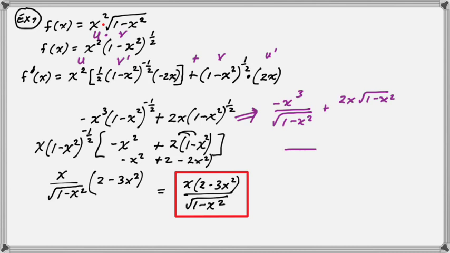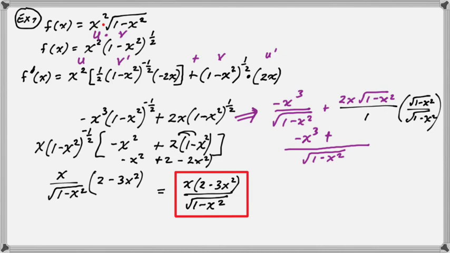Okay, we'll assume they are. We need a common denominator, which would be this. And the negative x cubed is already over that. What does this one need to make that denominator? Well, it needs the radical divided by itself. So this gives me 2x times the same thing without basically the radicand.